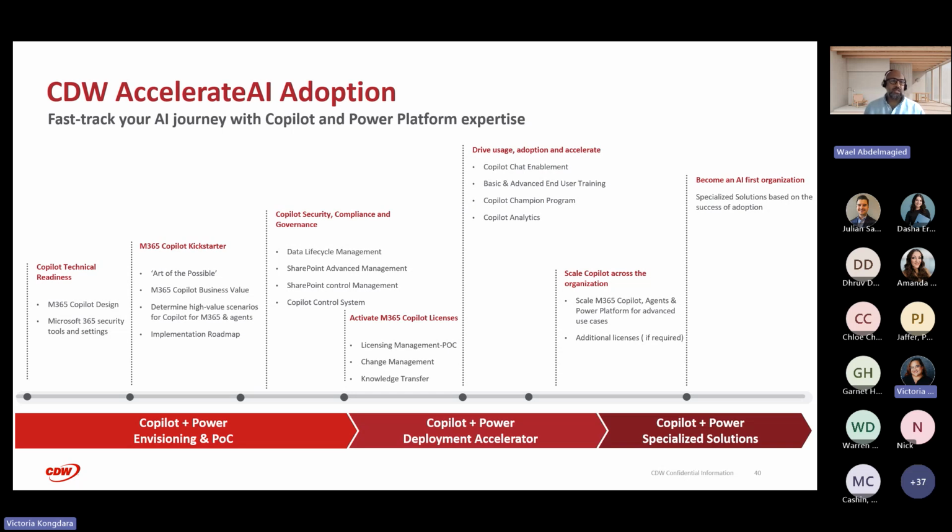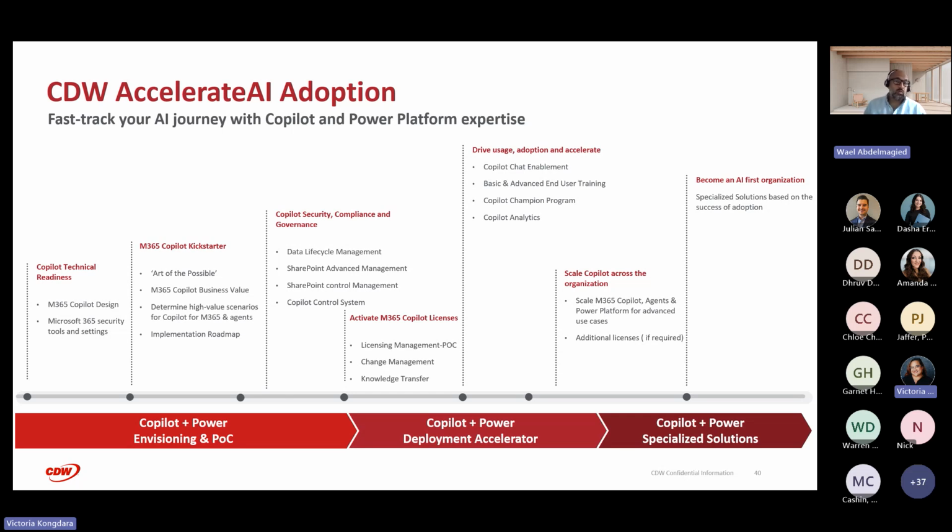But to do that, you need to go over 3 phases. The first one is envisioning and POC, then deployment accelerator, then a specialized solution. And every customer, according to their experience, the security, the knowledge, and the technical team in the organization, can pick and choose from this roadmap.